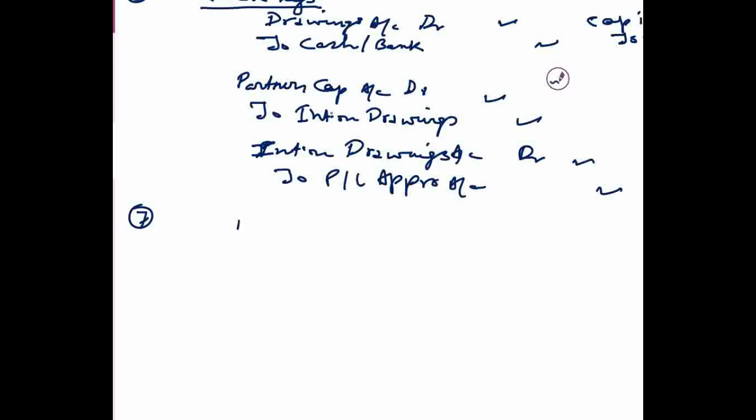The entry would be P&L appropriation account debit to partners' capital account. This was for share of profit.